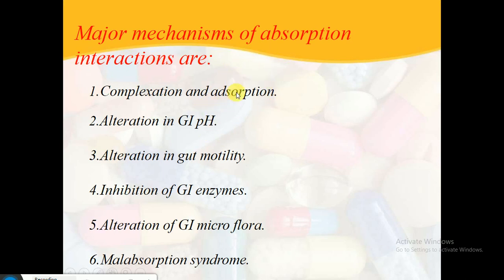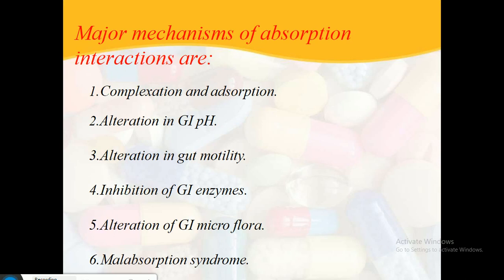Surface absorption is called adsorption, and complexation means that complexes are formed. For example, if tetracycline is used in combination with milk, then as we know, milk contains magnesium and it forms insoluble complexes. So it may directly or indirectly reduce the absorption of that particular drug.